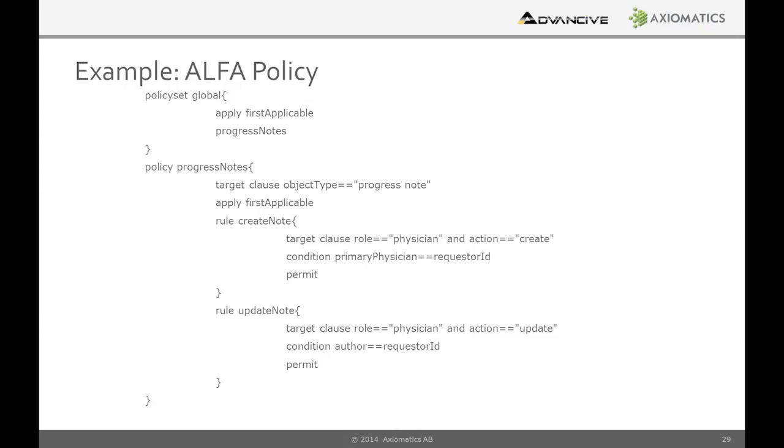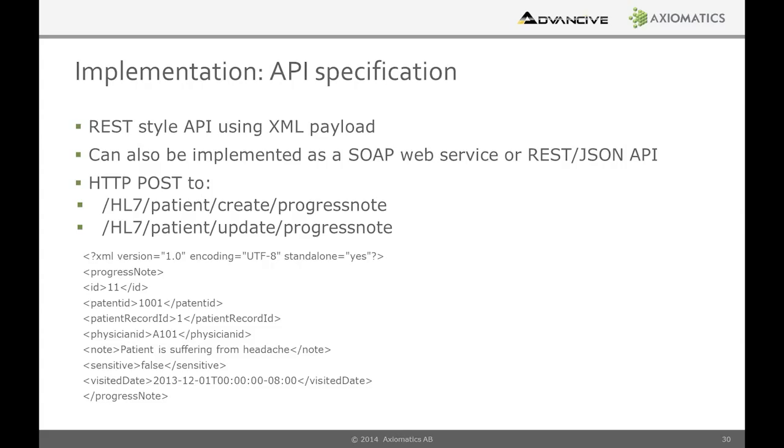Now let's take a quick look at the API specification that we're going to be using for this demo. Obviously, the APIs can be implemented in any different formats. It could be SOAP web services, REST web services. We can use JSON, we can use XML as a payload for the API.